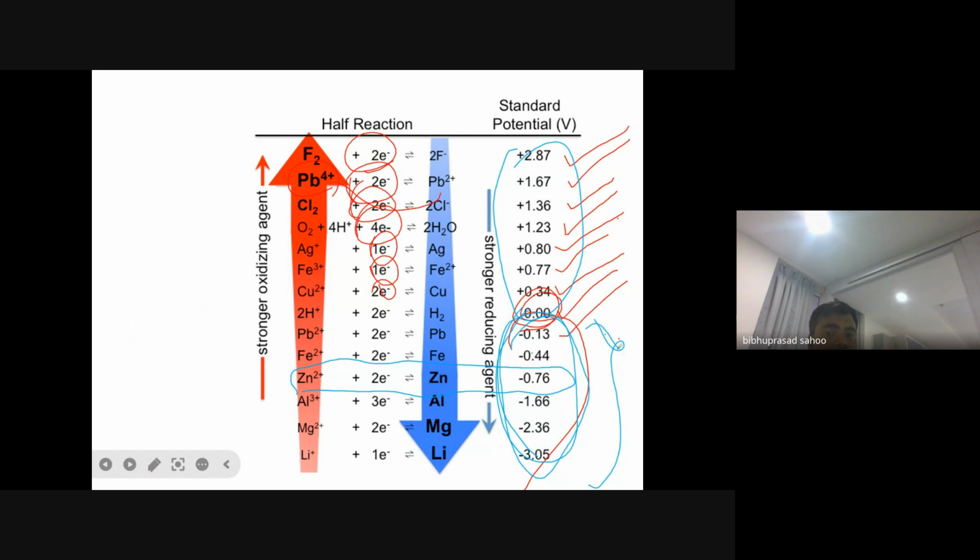See here, negative means Zn gives Zn2 plus and 2 electrons. Here it is oxidation, students.